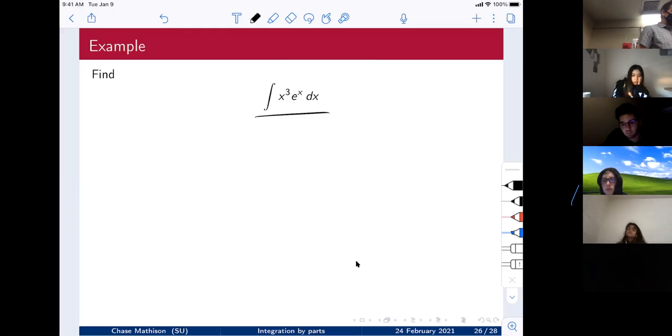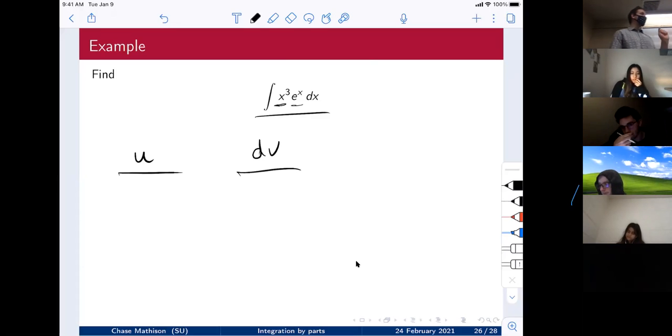So again, at every step of the way, I'm going to have an algebraic function times e to the x. So at every step of the way, u is going to be something very similar, and dv is going to be something very similar, right? So step one is just doing this integral. So u has to be x cubed, dv has to be everything else, right?